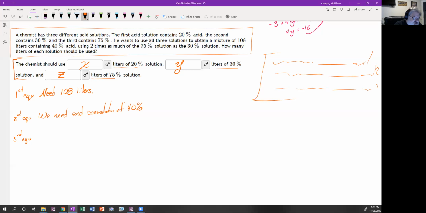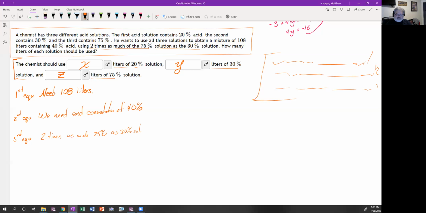And it has to use 2 times as much of the 75% as the 30% solution.